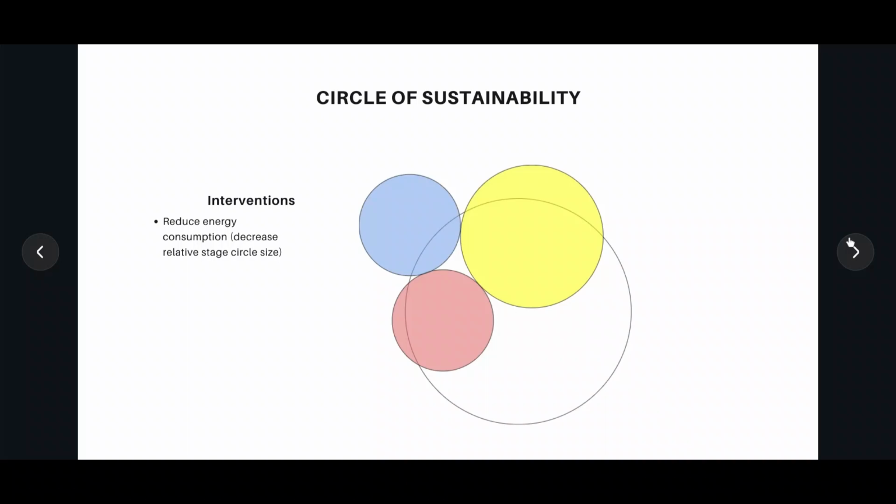So could be creating more energy efficient products, could be simply using less energy, in the case of a car, driving less. So that's one intervention that we can use, and I've talked about this in the product use stage, but this is equally relevant in the production and disposal stages as well.